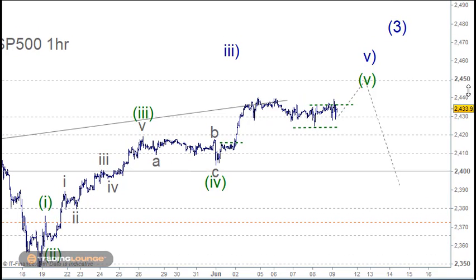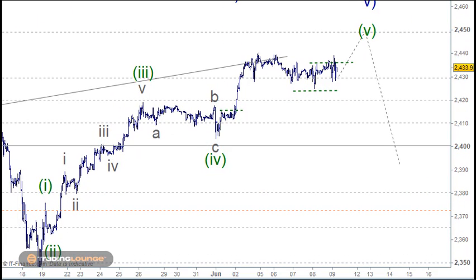So we haven't really taken out, let me just check on the cash market for a moment, just see if we've taken out that top at all. No, we haven't taken out this high here. That little high here, that's the one I'm interested in. So it's still possible for that to occur.